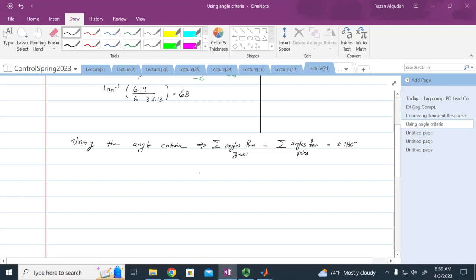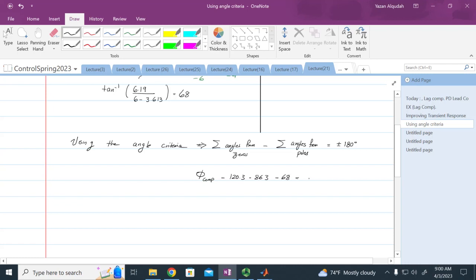I'm going to call the angle that we need to add, which we do not know, phi compensator. Then I add the angles from the poles: negative 120.3 minus 86.3 minus 68.